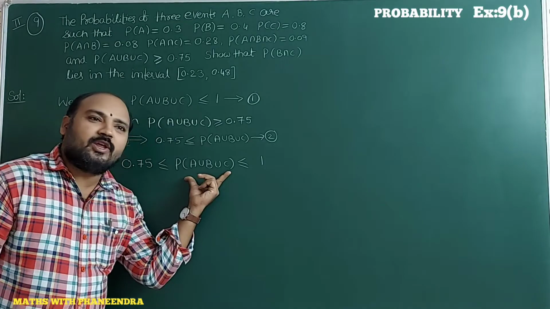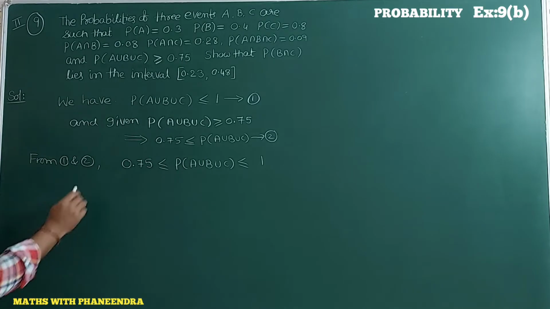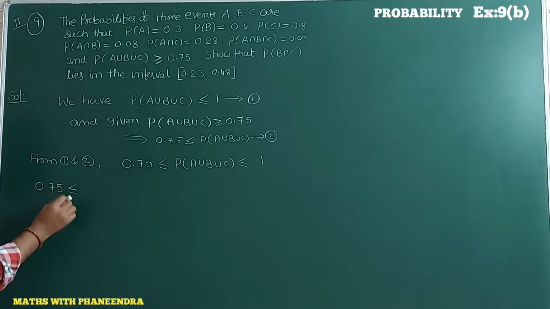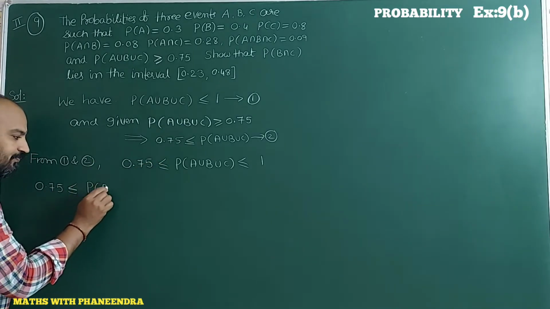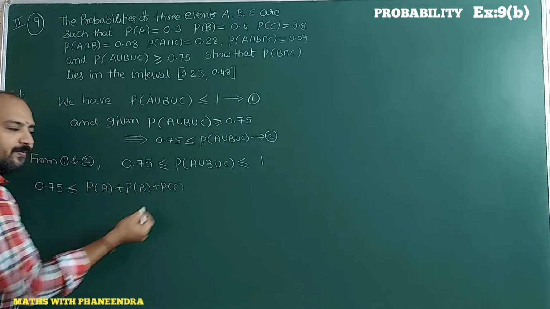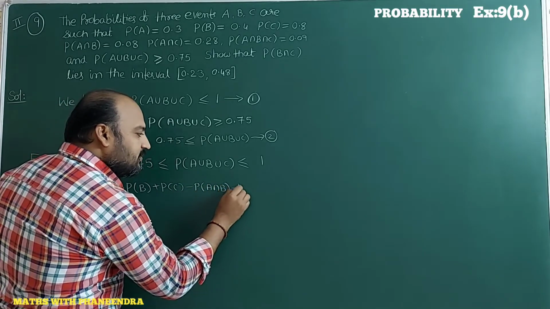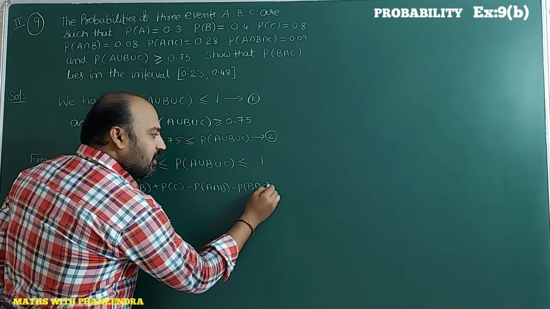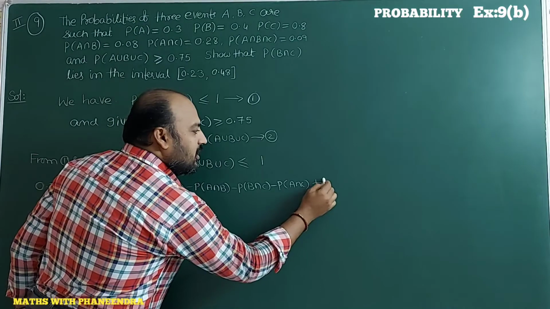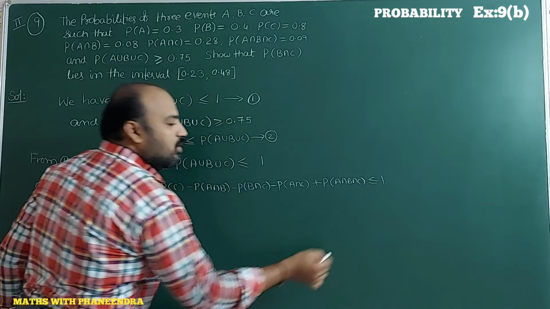Now, for P of A union B union C, by the addition theorem on probability for three events, you have to write it. So 0.75 is less than or equal to P of A plus P of B plus P of C minus P of A intersection B minus P of B intersection C minus P of A intersection C plus P of A intersection B intersection C, which is less than or equal to 1.